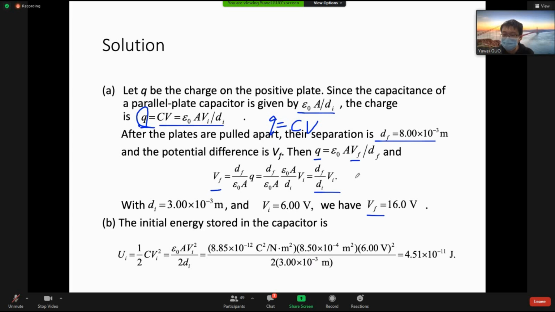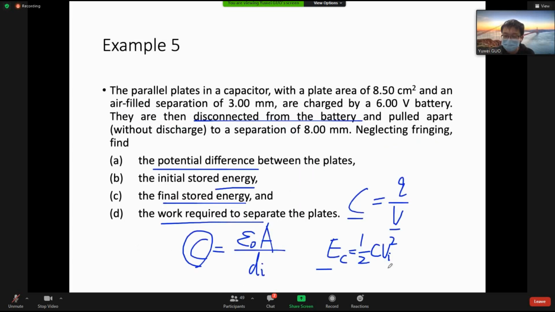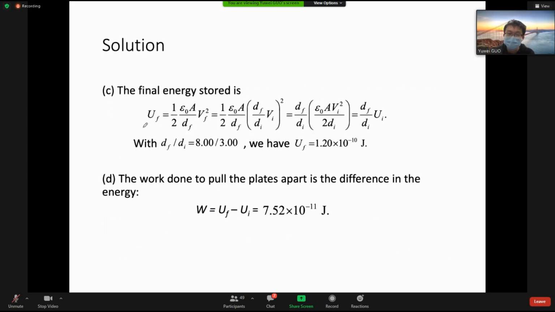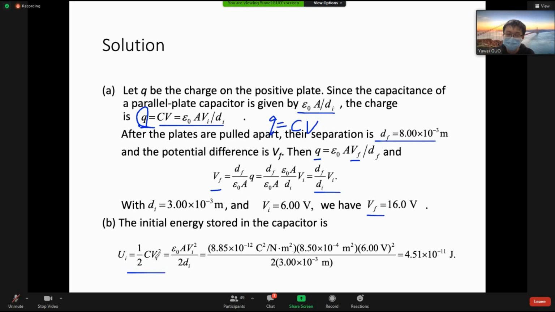It's changed. And the energy stored can be easily calculated by using the equation here. And also, the final energy stored can be calculated with the same expression, but this should be the V_F, not the V_I, and the C should also be changed.